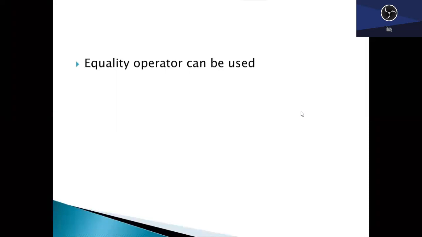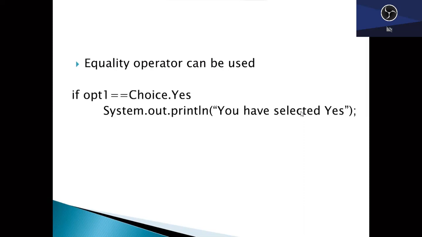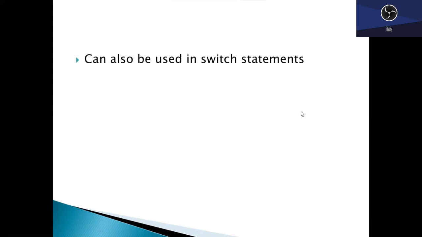With this enum, you can use the equality operator to check if one is equal to the other or not. For example, I can check if OPT1 is equal to choice dot yes, then I can do something. Also, we can use enumeration in switch statements. For example, here you can see switch OPT1.